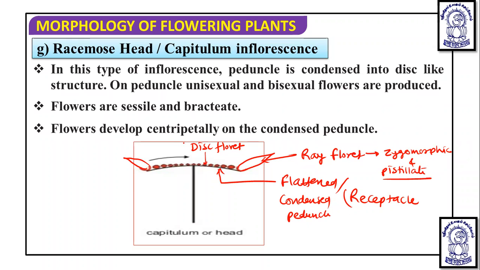Whereas the disc florets have actinomorphic symmetry and are bisexual. Now, in this type of inflorescence, here also you can see the presence of bracts, and these bracts form a group that is known as the involucre.